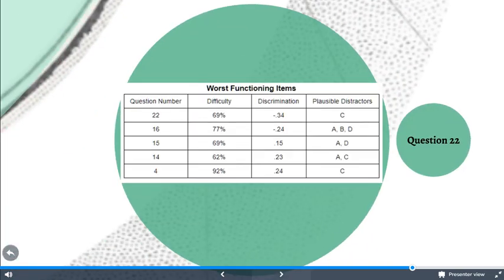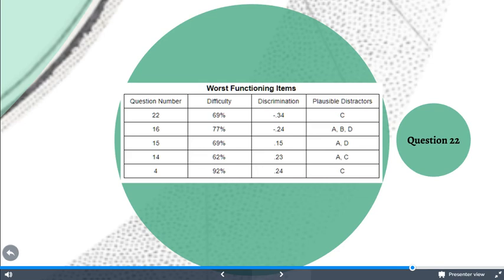On the flip side of that, if we talk about now our worst functioning items, our 5 worst functioning items had discrimination values ranging between negative 0.34 and positive 0.24. So we had 2 of our questions that had a negative discrimination value.